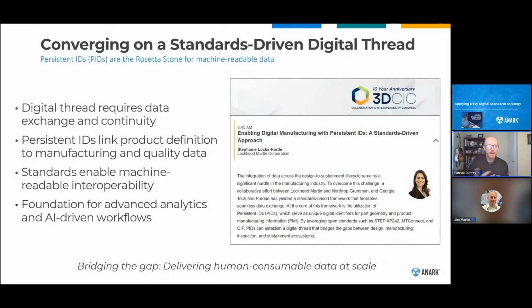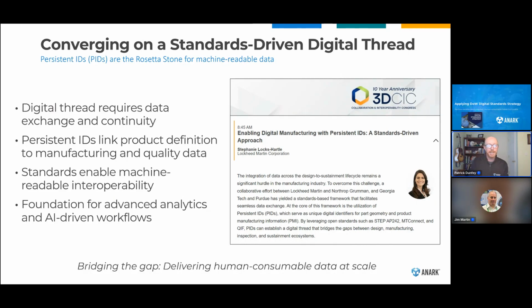It's a huge amount of data coming from engineering and manufacturing and quality and others. Having a Rosetta Stone for all of this machine readable data is essential, because when it comes time to check, have a human in the loop and have human readability of that data, you need a way to understand what's happening and what the connections are.